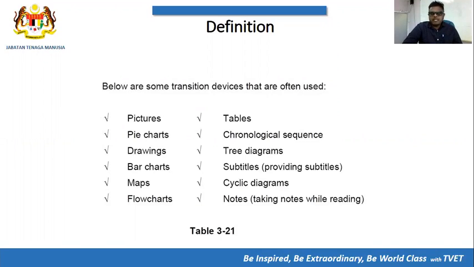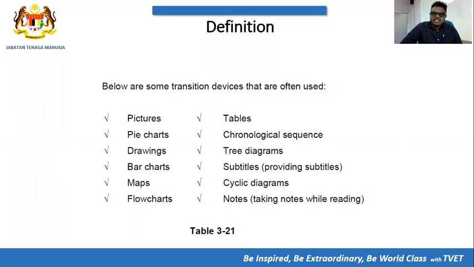The first one will be pictures, tables, pie charts, chronological sequence, drawings, tree diagrams, bar charts, subtitles, providing subtitles, maps, cyclic diagrams, flow charts, and finally notes, taking notes while reading. These are some of the forms of transition device that are often used.